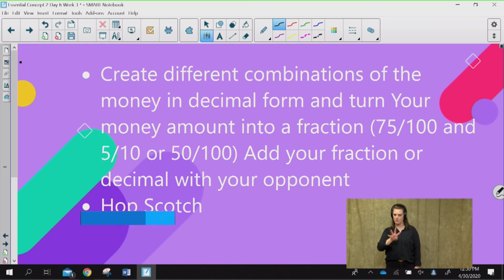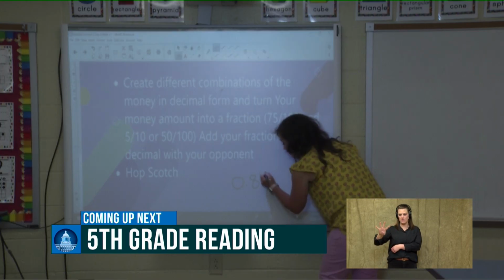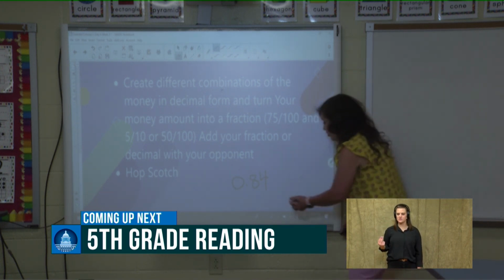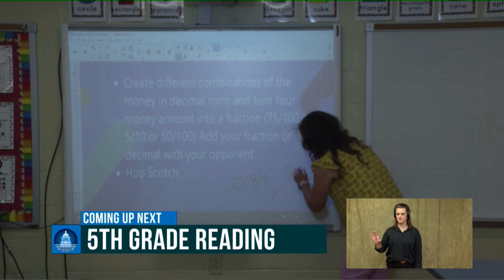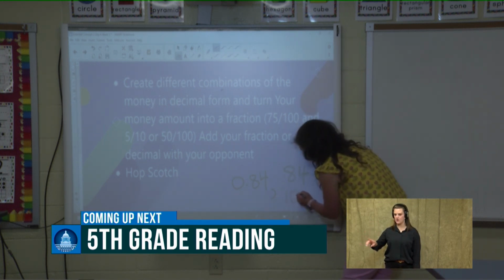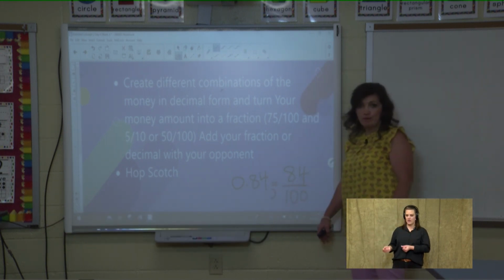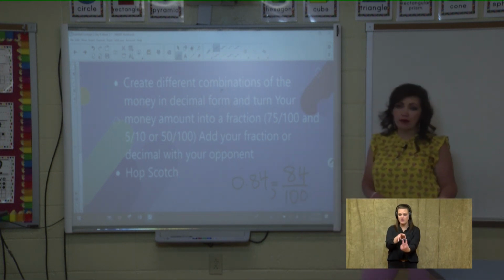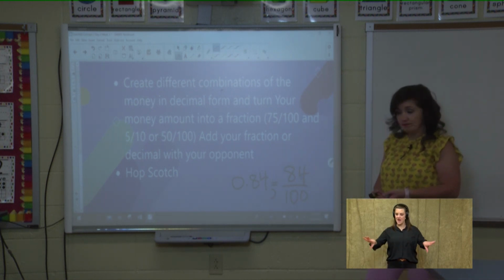Well, I want you to write that in decimal form, like 0.84, and it sounds like 84 hundredths. And then I want you to write the fraction for that, 84/100. And we know those are equal amounts. All right, and you could do this with a partner. Your partner could choose a money amount. You could pick a money amount, and then you guys can add them together.